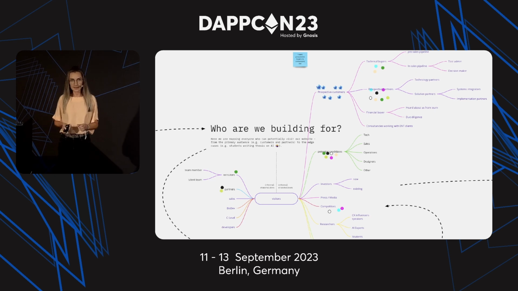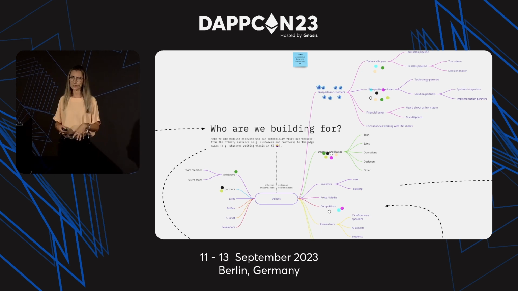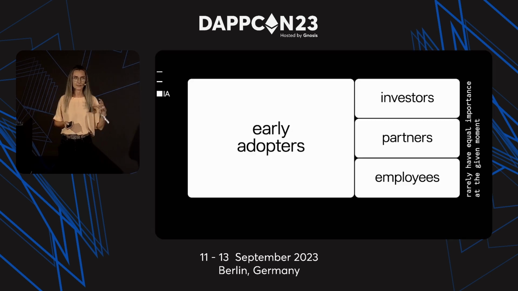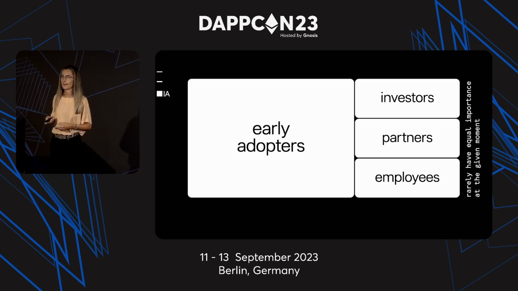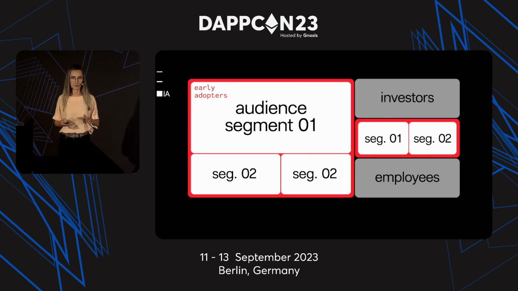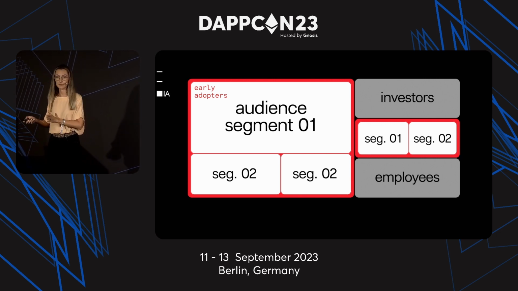At some point every company sits together and talks about who we are building for. Within this workshop, you will identify core audiences. That's a very easy case. Usually the case is more complicated, where you have segmentation of the audiences. Let's say you have partners, but you have business partners and academic partners.